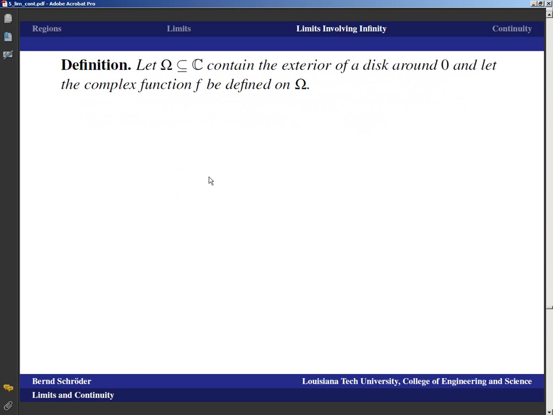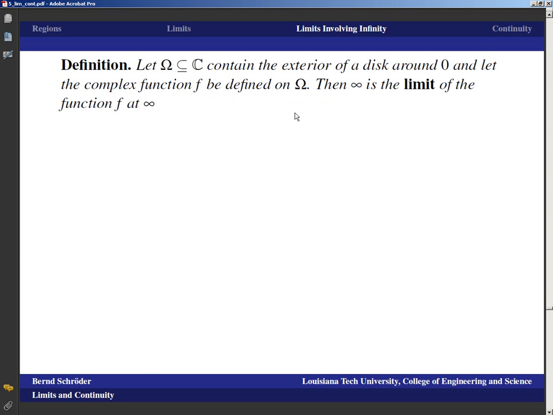Third one, well, let's see. We're going to talk about a domain that contains the exterior of a disk around 0, and we want to have the complex function again be defined there. And we want to talk about infinity being the limit of the function at infinity. Well, how should that work out?